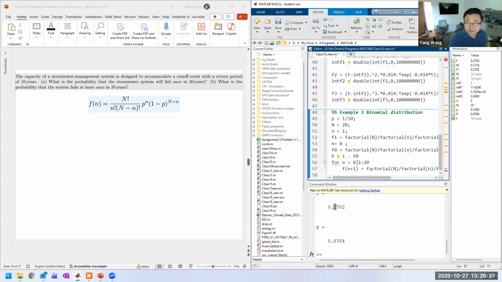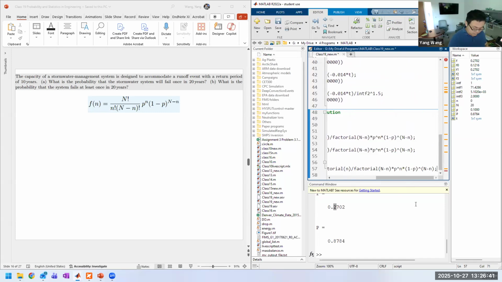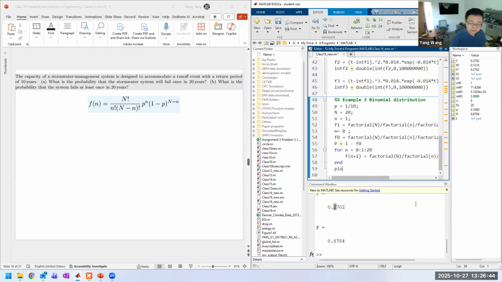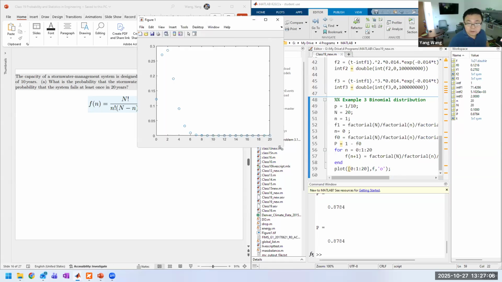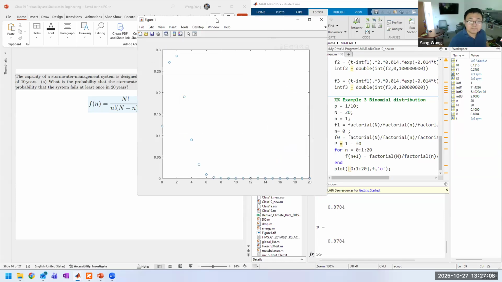Every time the n changes its value, you're going to have a new F, right? Then you can plot 0, 1, to 20, then F. Okay, so this is how the probability function looks.